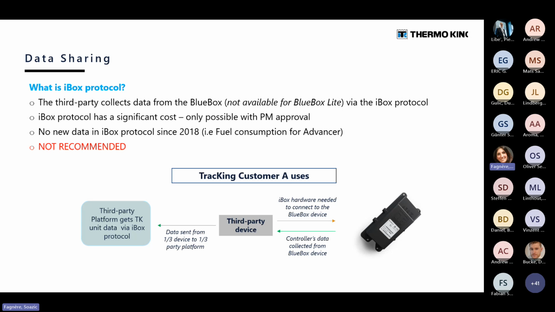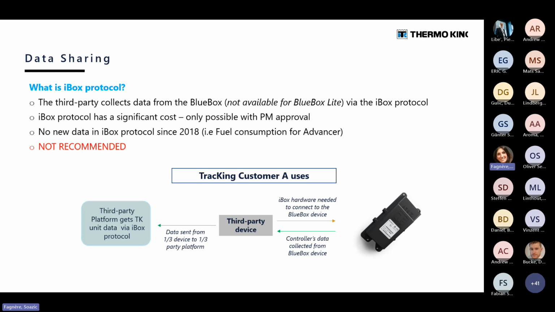Okay, guys. Now for the iBox protocol. So what is iBox protocol? Basically, the customer doesn't have a tracking subscription. He only wants to get access to the third-party platform. The third party has its own telematic device, where it's getting the information about the position and the temperature, for example. And they have a special harness hardware to connect their own third-party telematics device to our Blue Box.